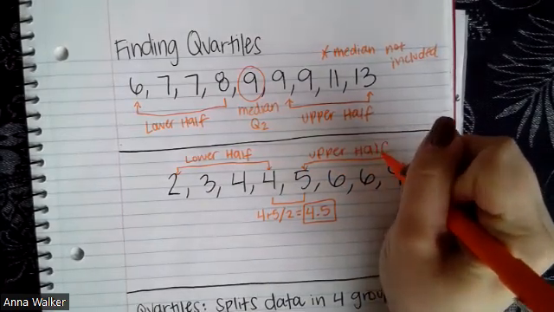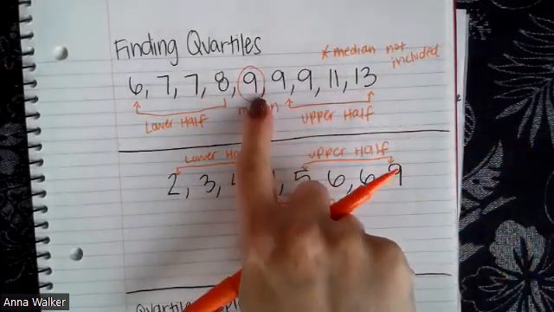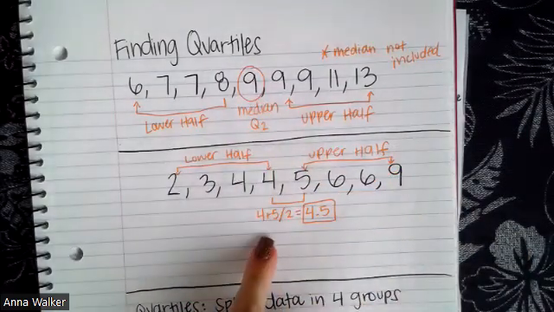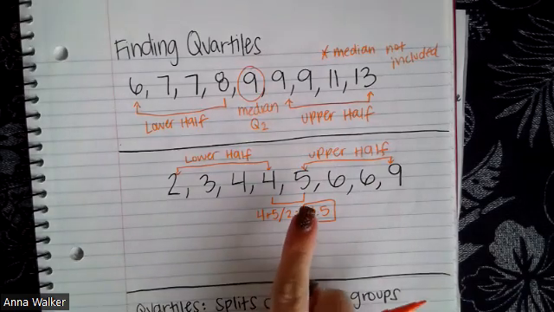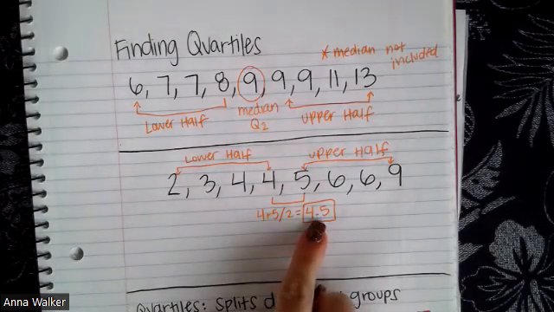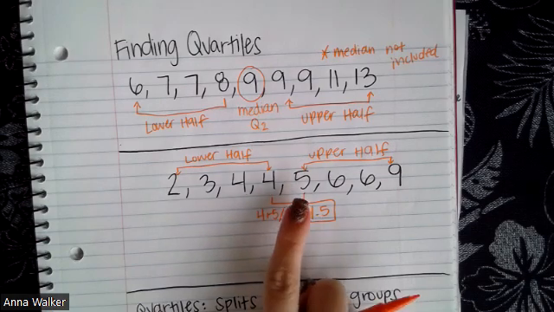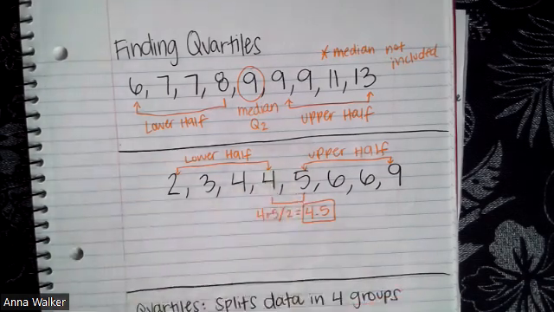So you can see it's a little bit different. When there's an odd number, we don't include the median. When we are calculating from an even number, we also don't include the median because it's not one of the numbers in the data set, but we do include the numbers we used to calculate the median.